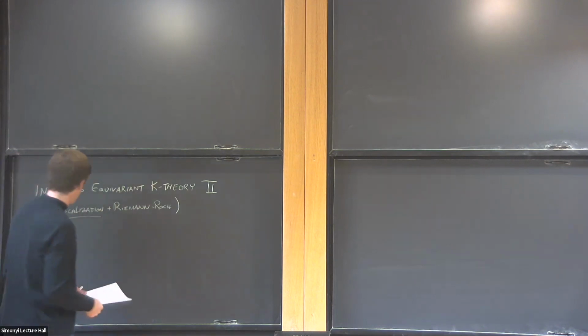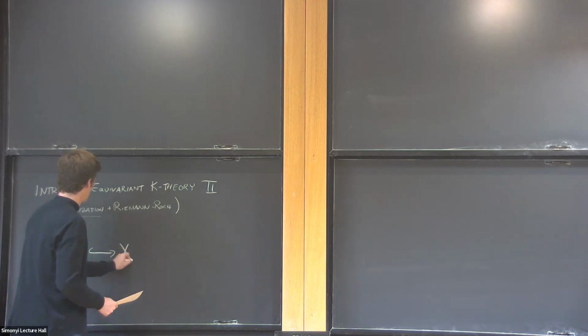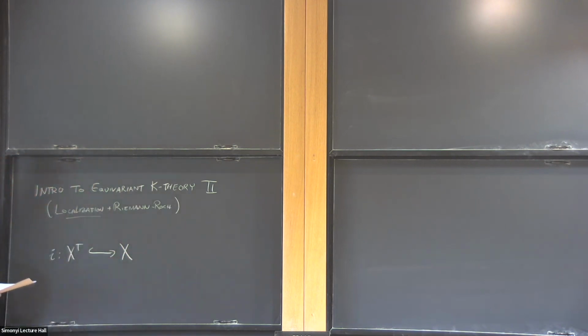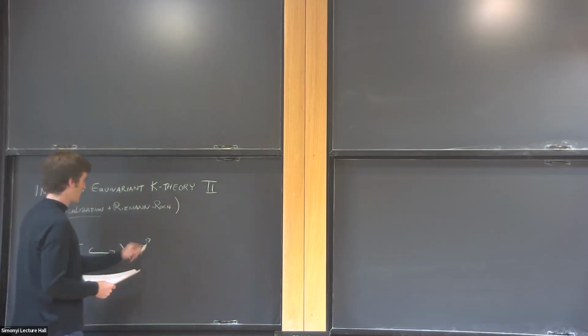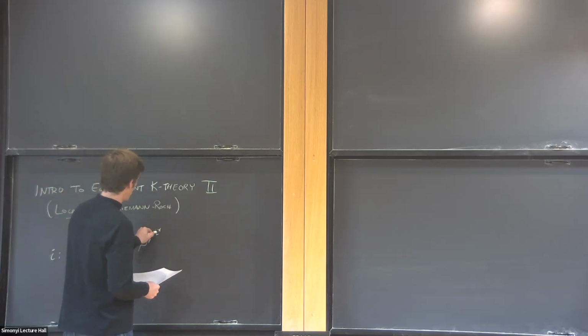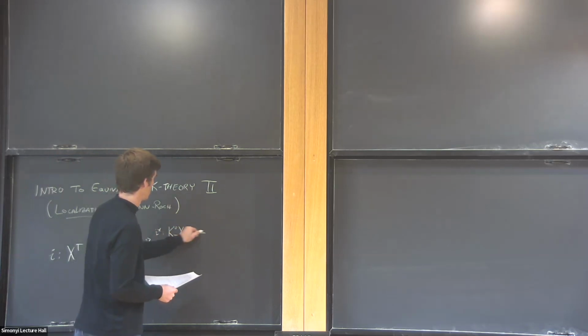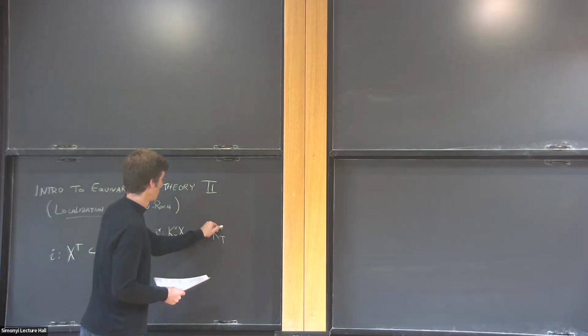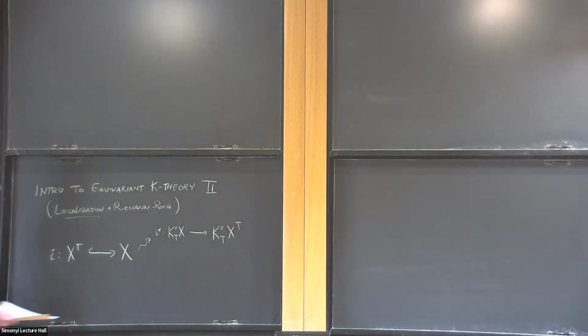And so the idea is that if you have the inclusion map of the fixed locus, then you get a restriction map on K-theory of vector bundles, because that's contravariant, like cohomology.